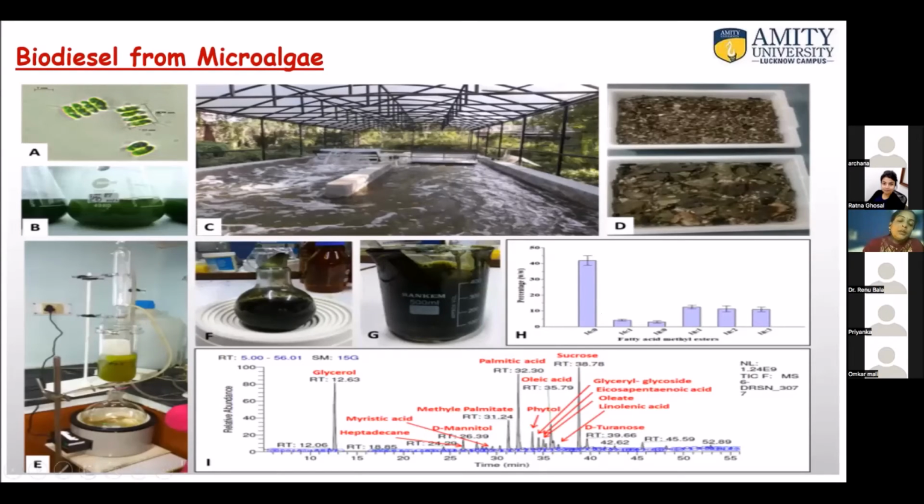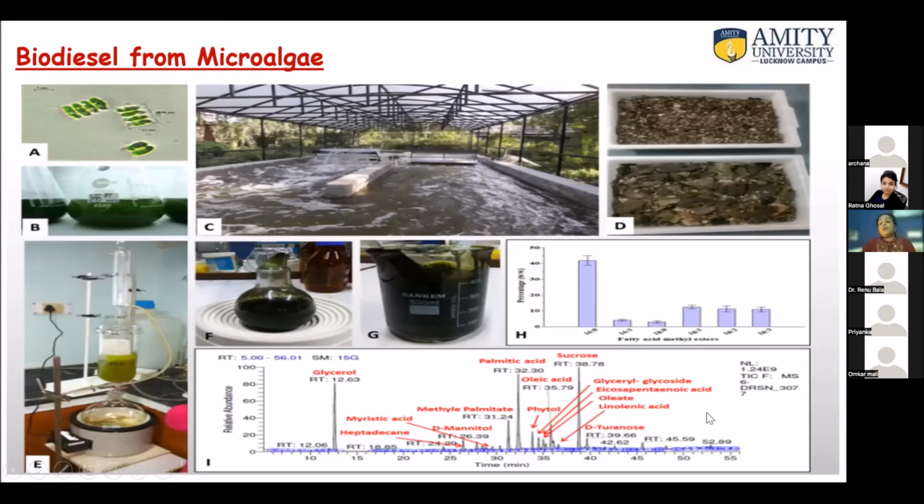Again, with mass spectrometry, we found many other different molecules which may have some benefits for the development of different drug molecules, like eicosapentaenoic acid. This is actually an omega-3 fatty acid. Some phytol we have also found.